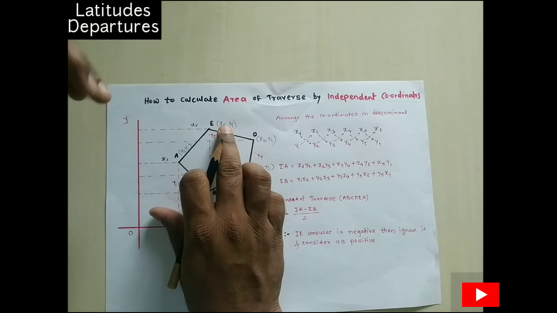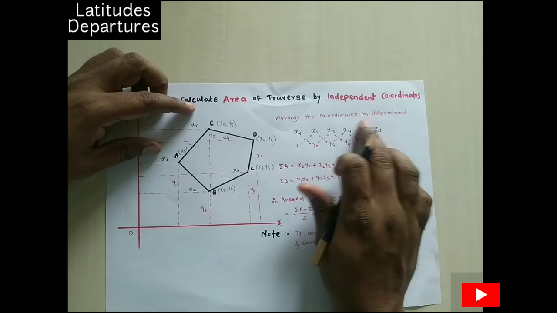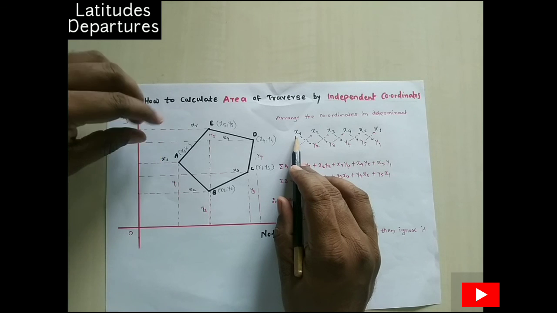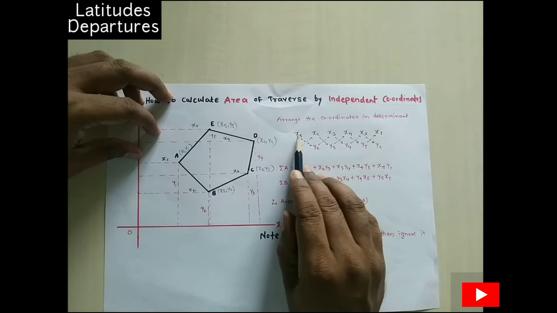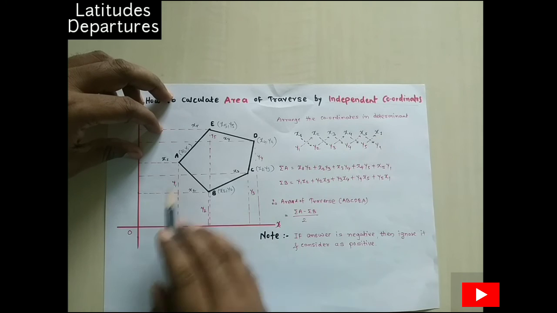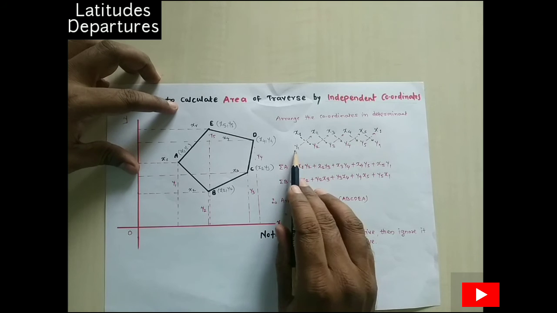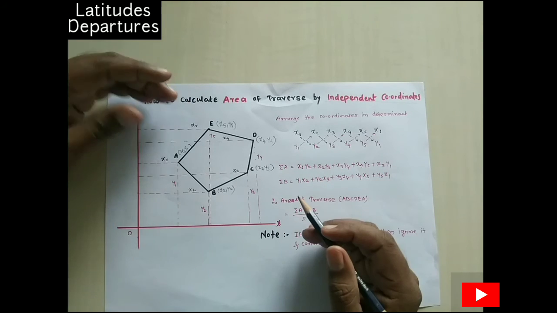So how? You have to use these coordinates and arrange them in a determinant. I have shown the departure values, that is x1 to x5, in black color, and the latitude values, which refer to the y direction, y1 y2 y3 y4 y5, in red color.